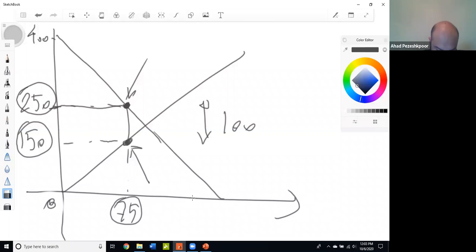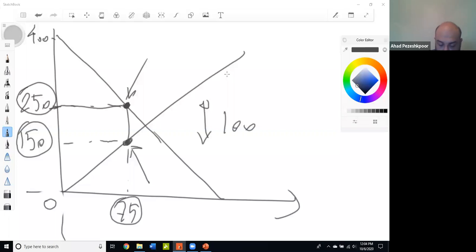Can anyone tell me the consumer surplus? Consumer surplus is 5,625.